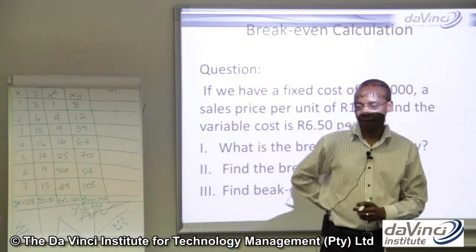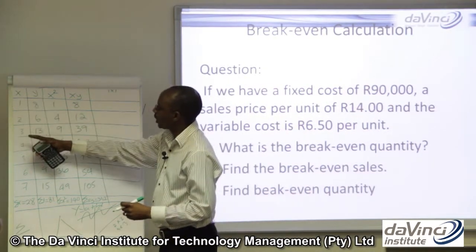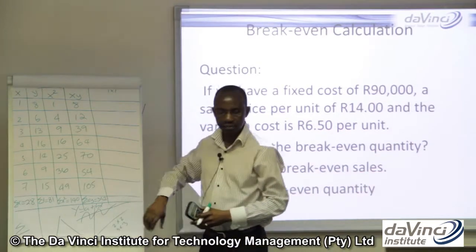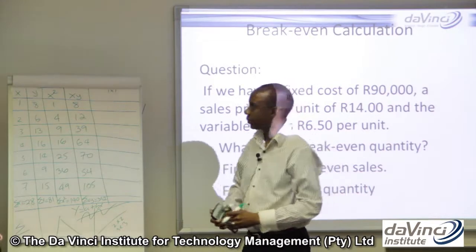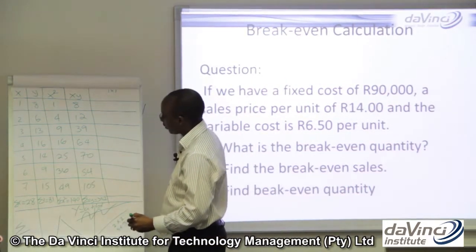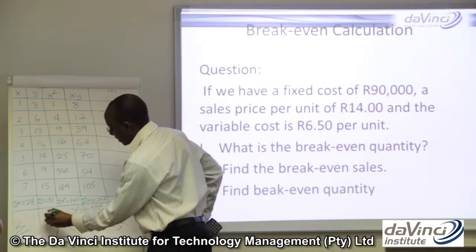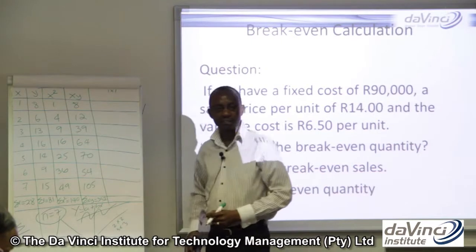Now, how many observations do we have here? In terms of demand, we've got 7 numbers, right? So we say n is equal to 7.